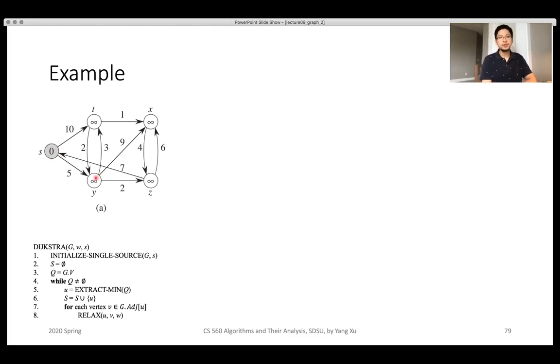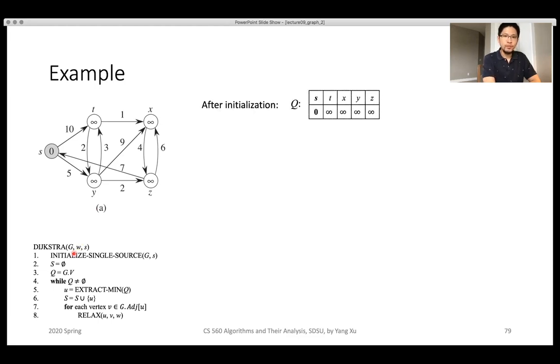After line 1, the initialization is done. We have the D attributes initialized to infinity, so we will make a minimal priority queue like this with all the vertices in the graph, S, T, X, Y, and Z. The second row is the D attributes.